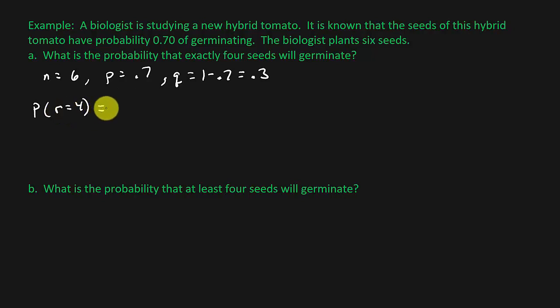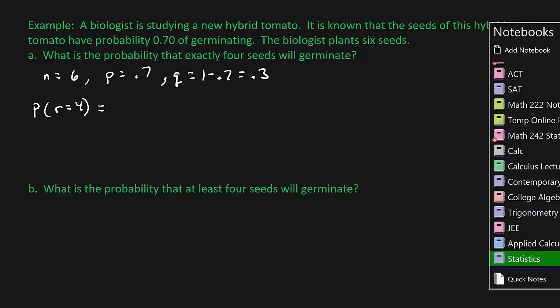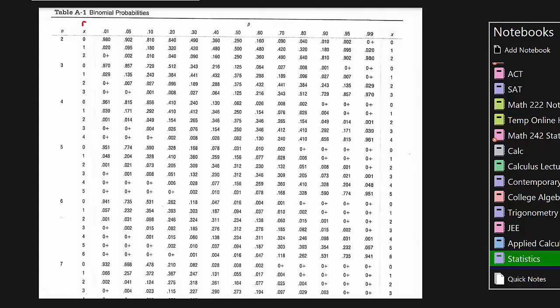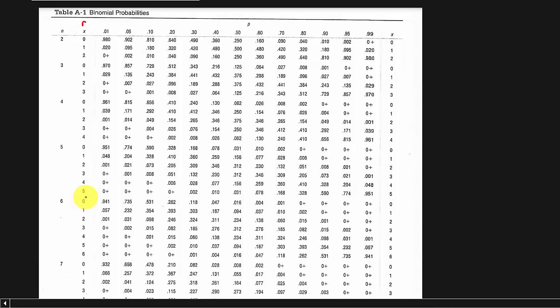So we've got N equals 6, and the probability of success is 0.7, and it's when R is equal to 4. So let's come over here. N is 6, so that means we are using this block right here. P is 0.7, so it's this column.